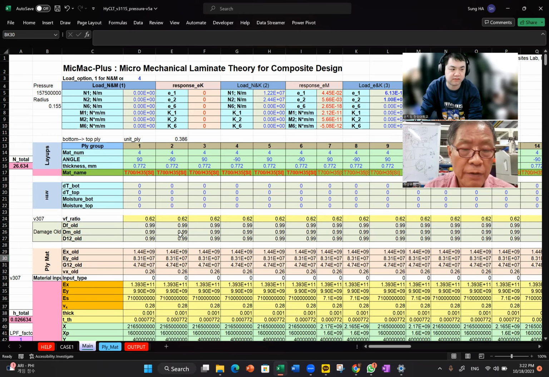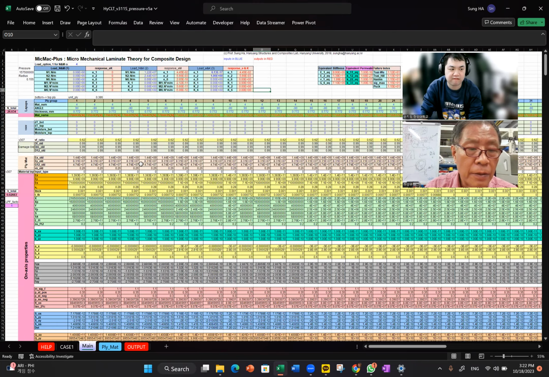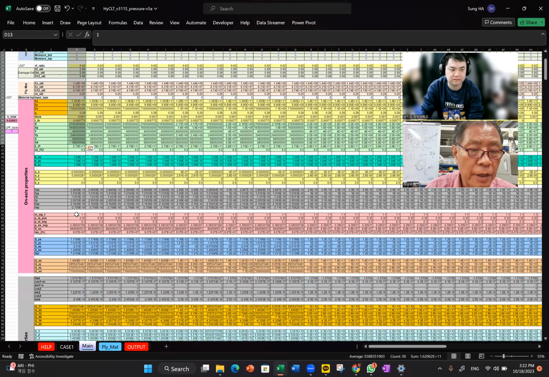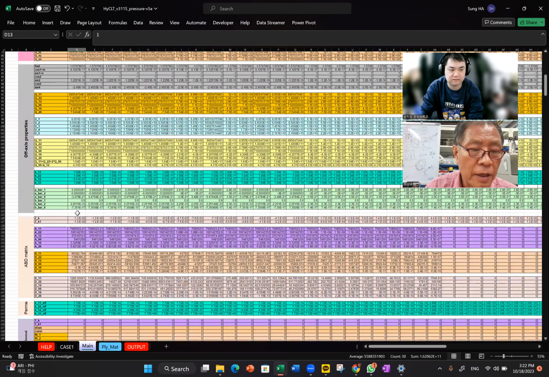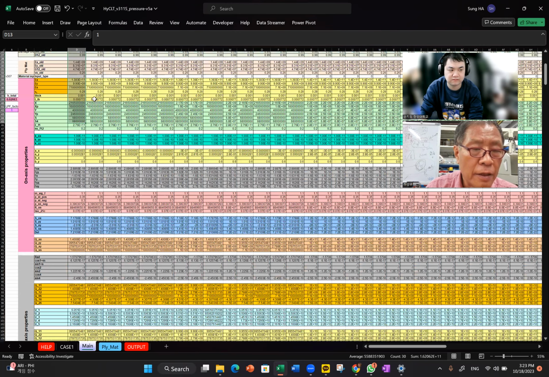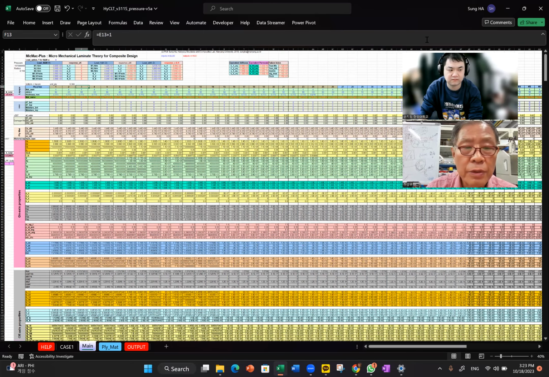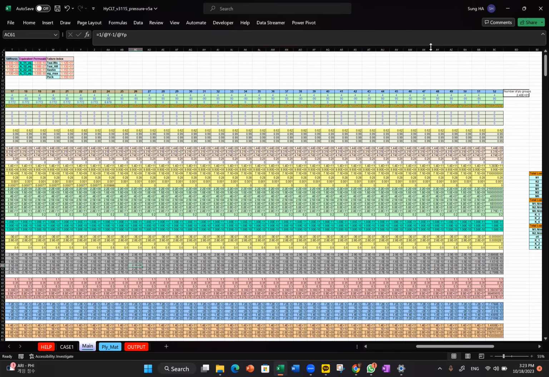I will briefly go through the structure of this Excel file. It is very much structured. As you can see, here is the first column, and it has a lot of information containing all the material properties and so on. Exactly the same format is used in the second column and third column, up to 52 columns.